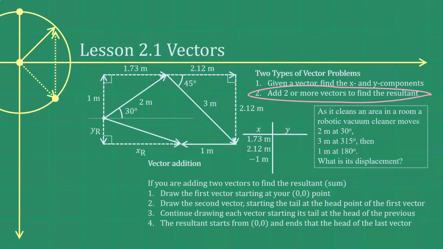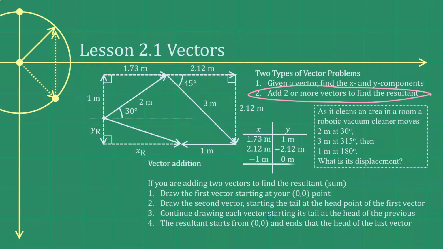I'm going to do the same thing with the y's. I go up 1 meter for my first vector, then down 2.12 meters, or -2.12, for my second vector, and then my third vector doesn't have a y component at all. It's entirely horizontal. So I'm just going to note that that's 0 meters from the third vector.